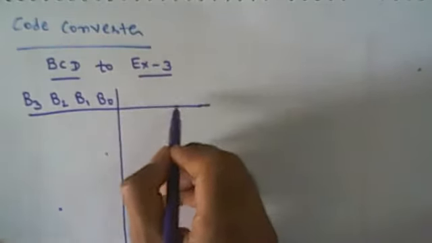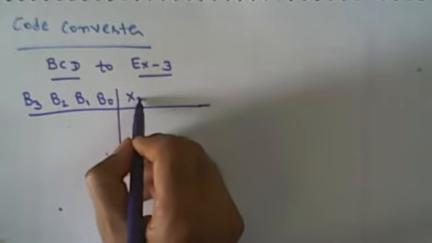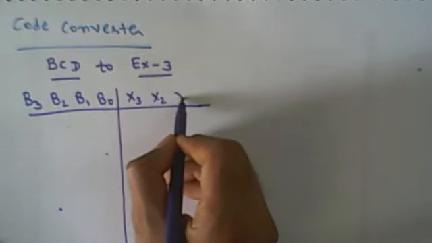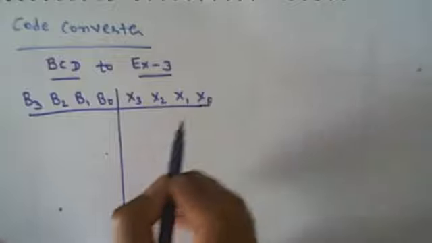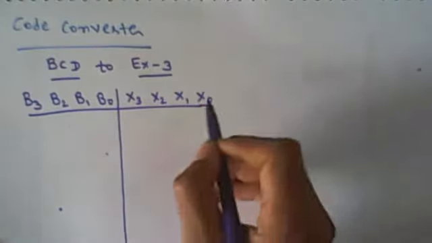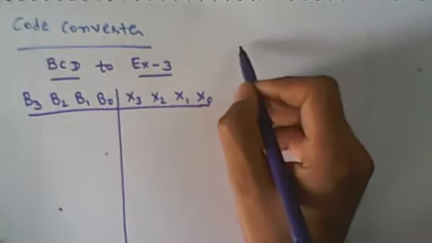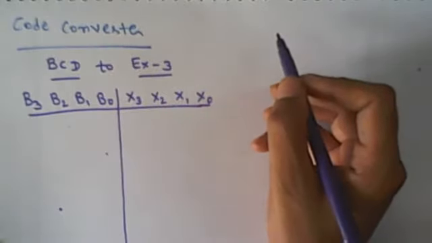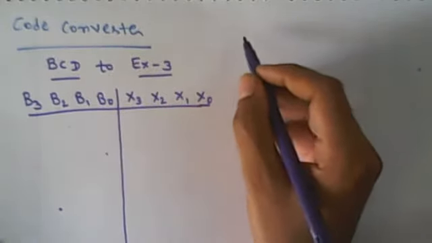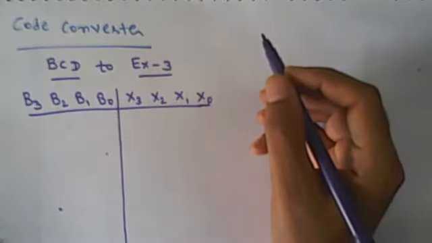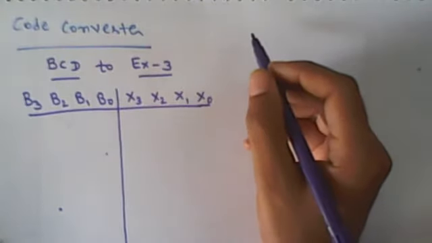Let me name the Excess-3 output variables X3, X2, X1 and X0. We know the logic of how to convert BCD to Excess-3: Excess-3 is an addition of 3. Whatever the BCD number is, we have to add 3. It is the Excess-3 of any BCD number.